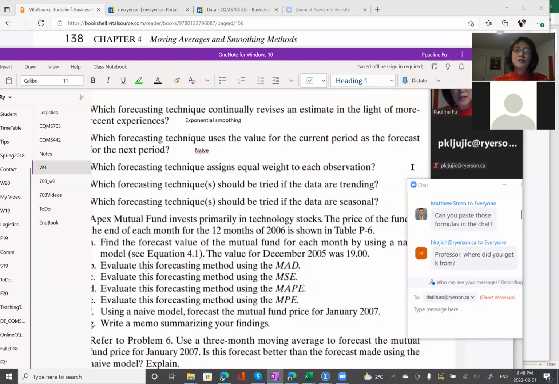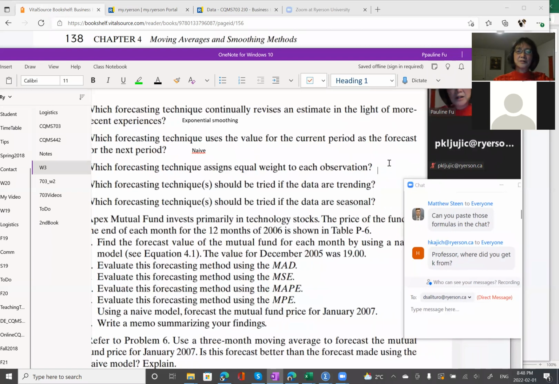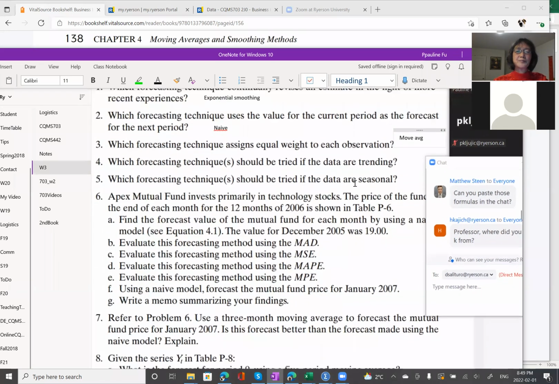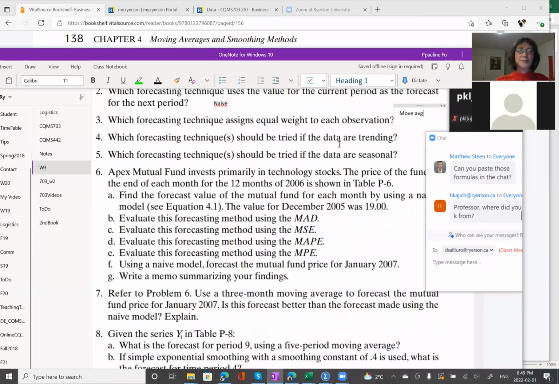That is the moving average. Moving average.